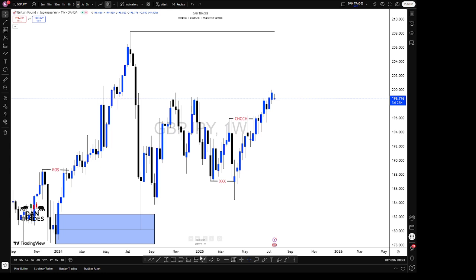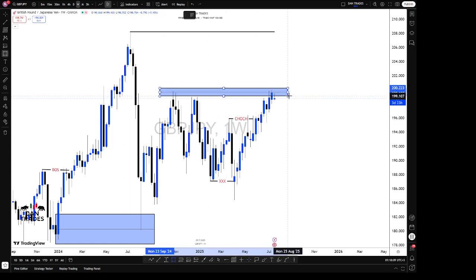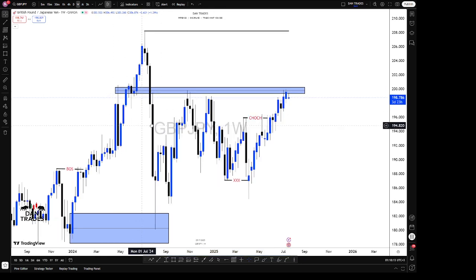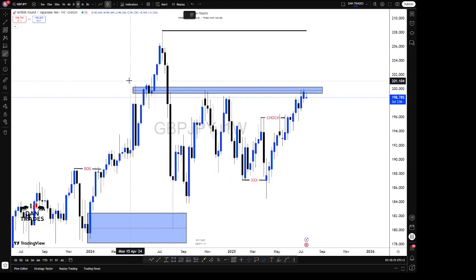In this area, I can see that we might have something like a resistance. The price was rejected at around that area, with some consolidation around this area, but finally the market broke that resistance, and the resistance became support.